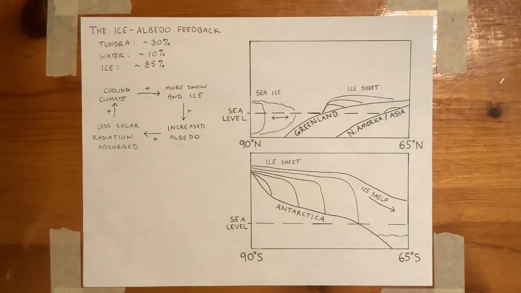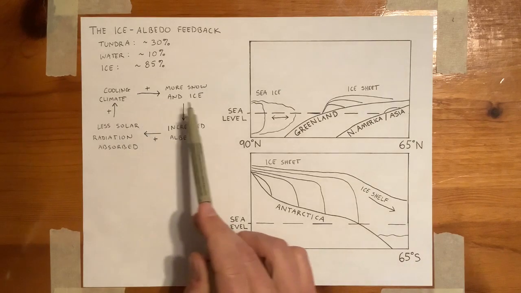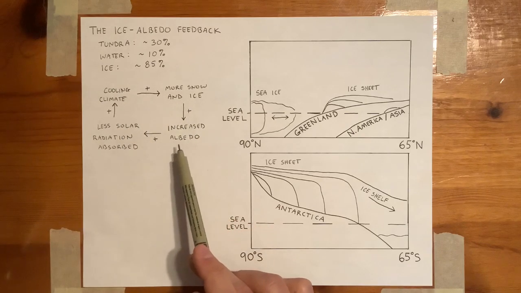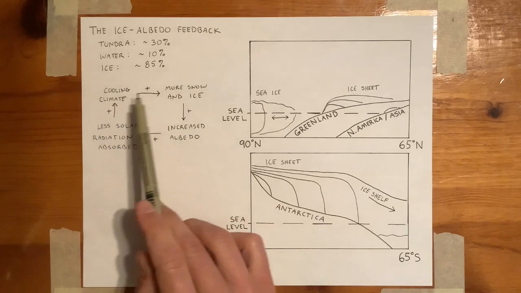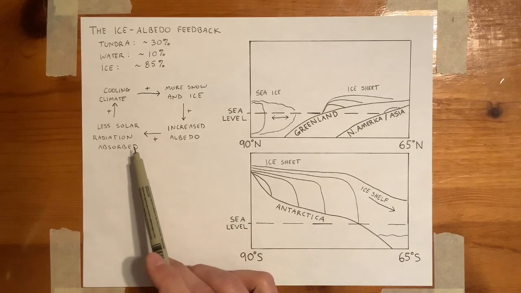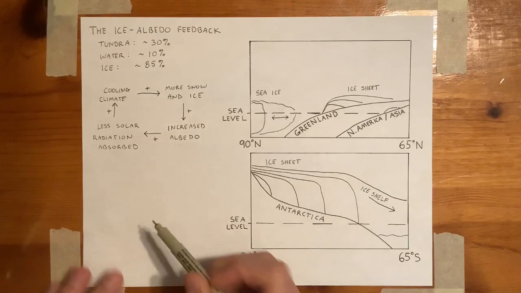So back to this positive feedback. The ice albedo feedback serves to increase ice, right? So it makes the climate even cooler, grows even more ice. But this same feedback can also work in reverse.